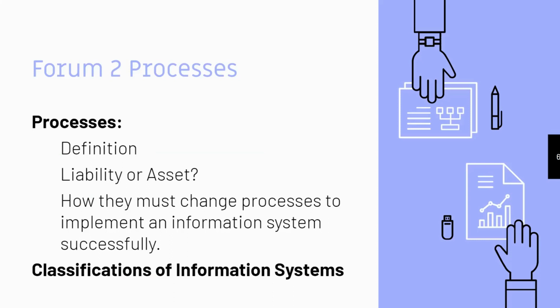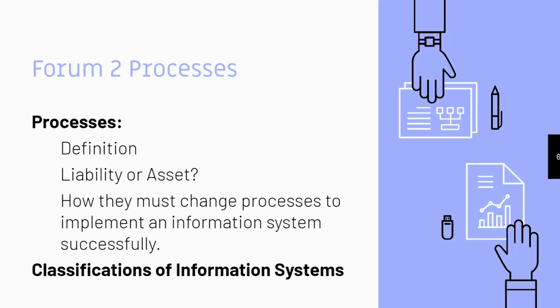How would you change that process, and what kind of system would you implement to ensure that we have a smoother running system and a smoother running UB? You'll also be required to illustrate a diagram of how step by step you would implement the system and what are the processes that would make the system flow well. Finally, you'll be required to classify the information system.